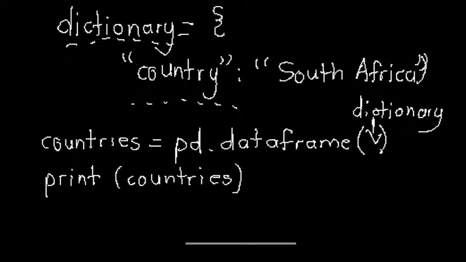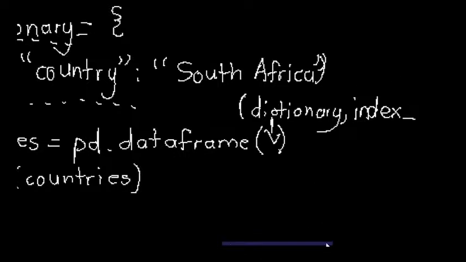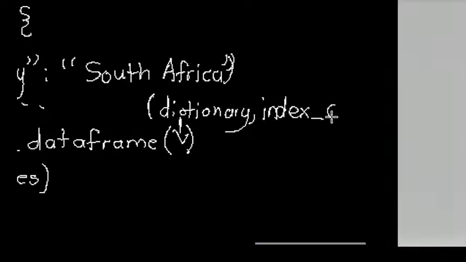Now, we also learned that at the time of doing this, so let's say this is our bracket, we can also say, if I recall correctly, let me just check here, sorry guys, index underscore col, and then you would say 0.